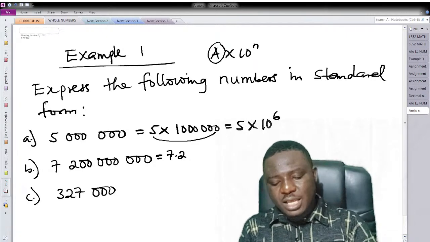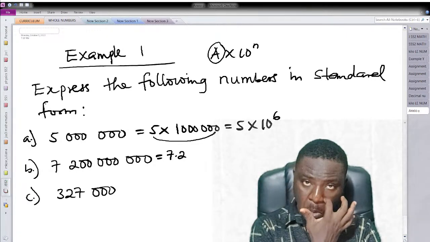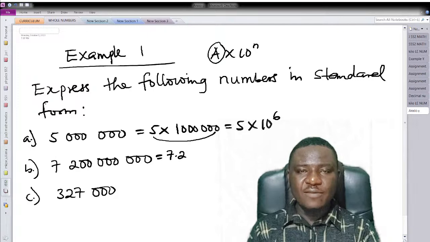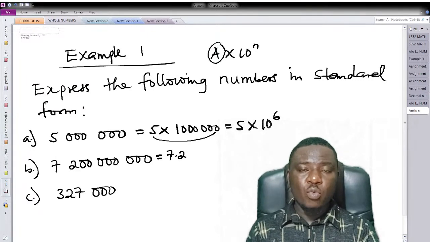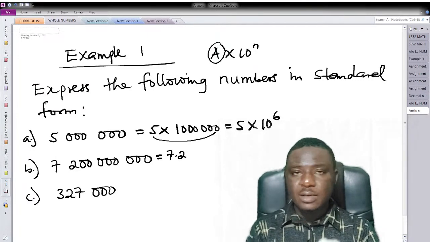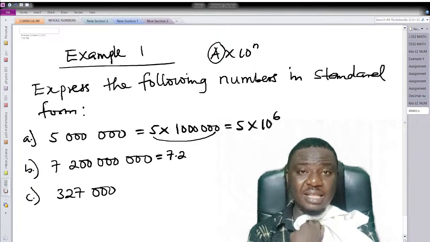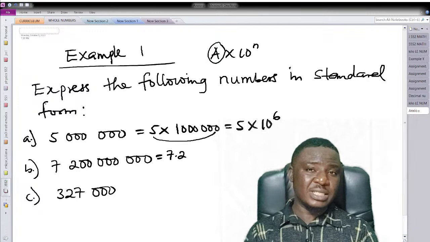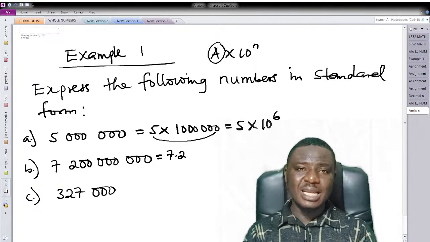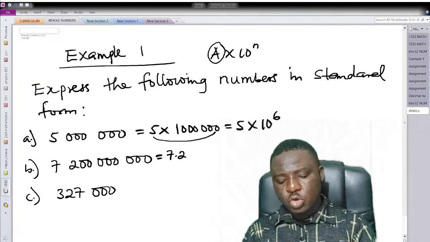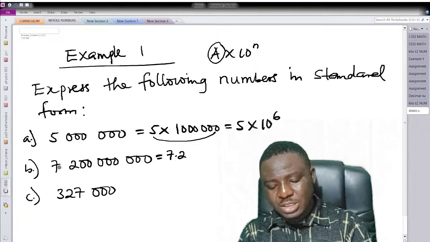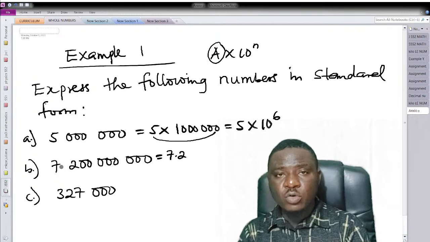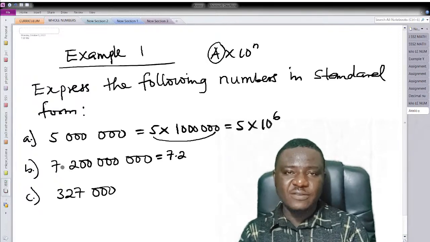So, if I had written 72, it wouldn't have been in standard form because 72 is greater than 10. But even if I had expressed it as 0.72, that is less than 1. So, you need to move the decimal point until it falls after the first significant figure.